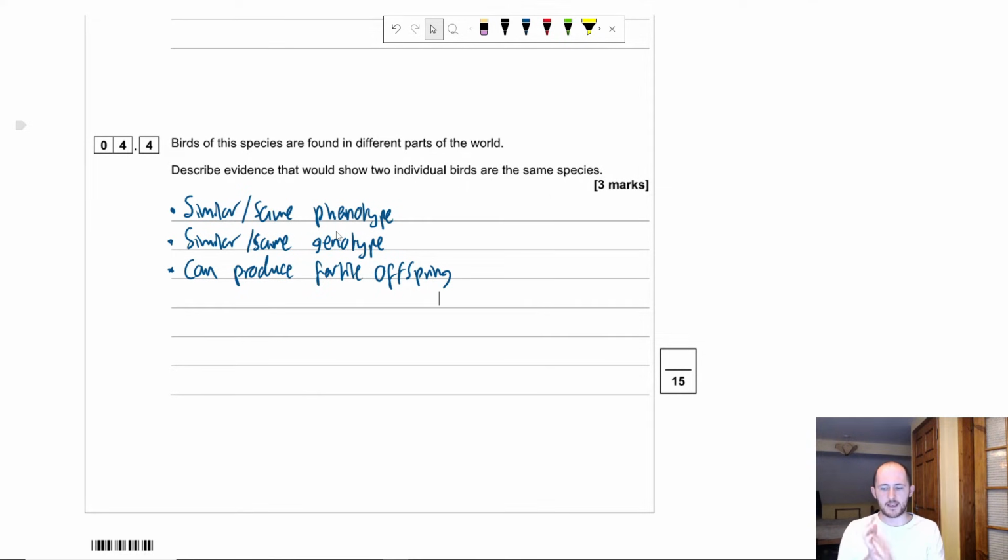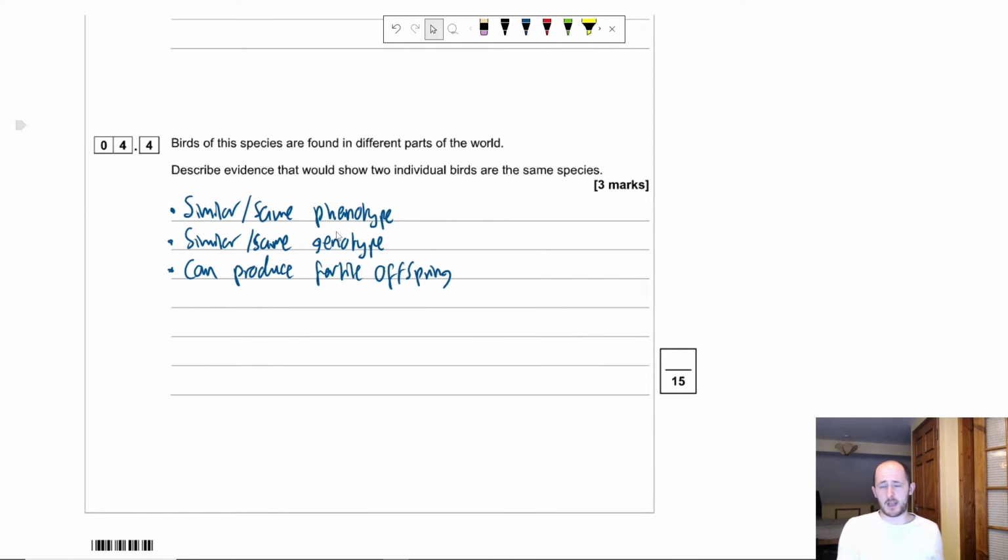So you may have heard of ligers, which are tigers and lions bred together. They can breed and produce offspring called a liger, but they are not the same species because they are not fertile. You can't breed two ligers together.